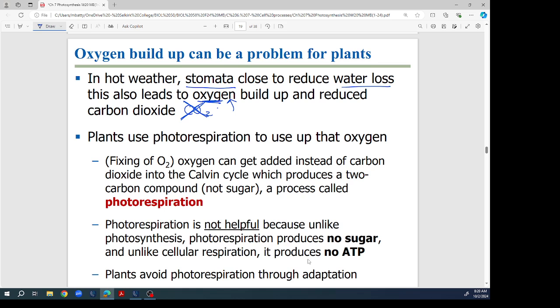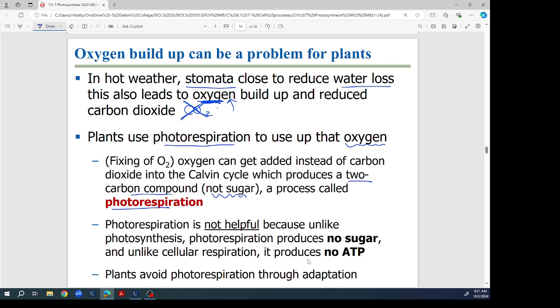So when they have too much oxygen, plants undergo this other biochemical process called photorespiration. It uses up the oxygen, which is great, but it doesn't actually get them anywhere. It makes a 2-carbon compound, not sugar, in this process of photorespiration.